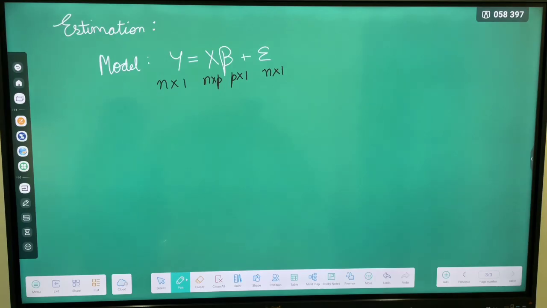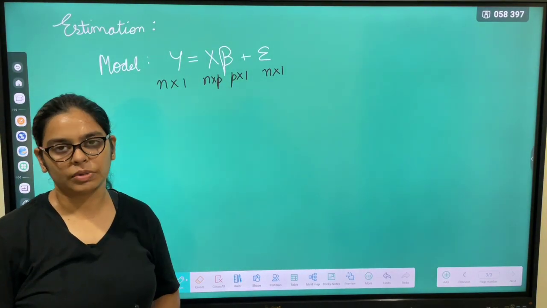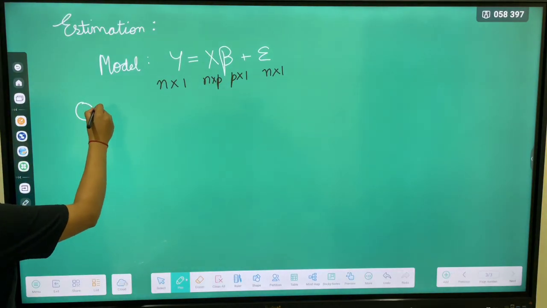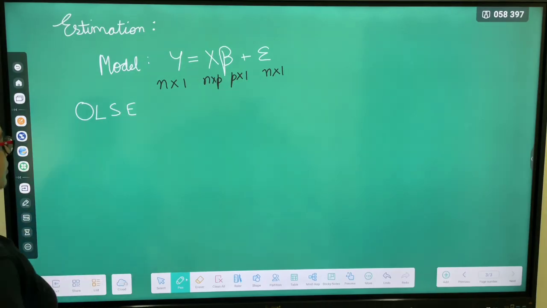Now again in this, like we took the method of least squares in the simple linear regression model, here the method is known as OLSE, ordinary least square estimation.